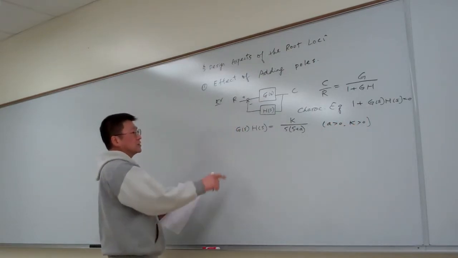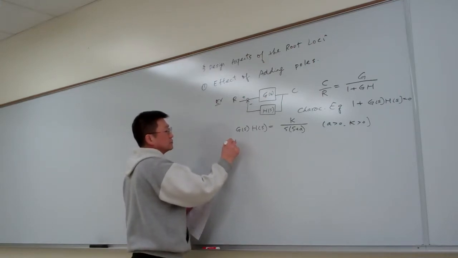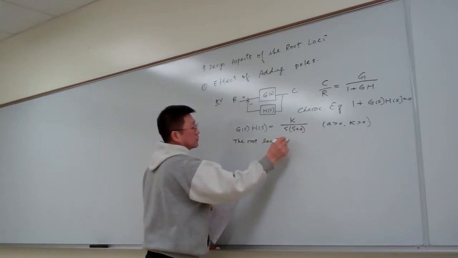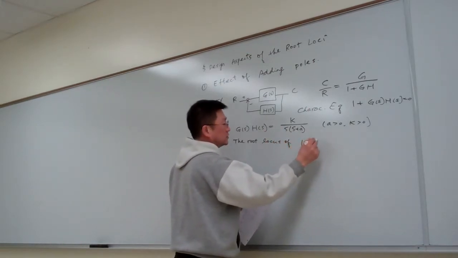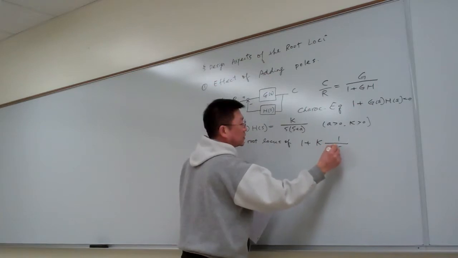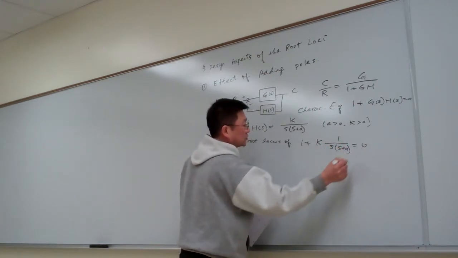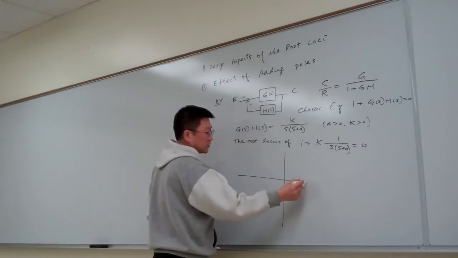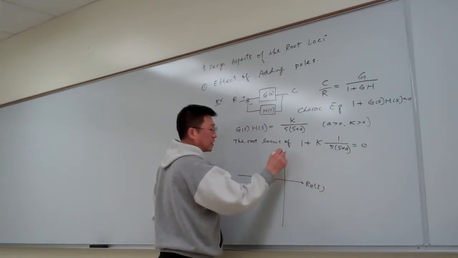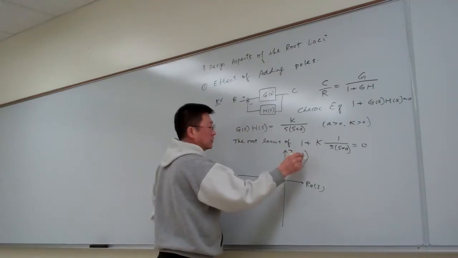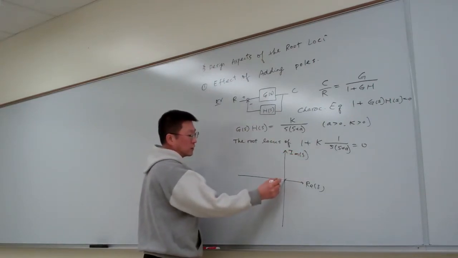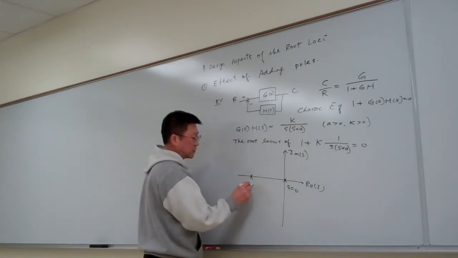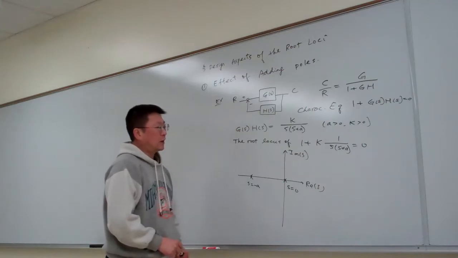For this case, the root locus of the characteristic equation is basically s plus a equal to 0. We can put it to show it. Here is the real part and the imaginary part. Here we have one pole at s equal to minus a.